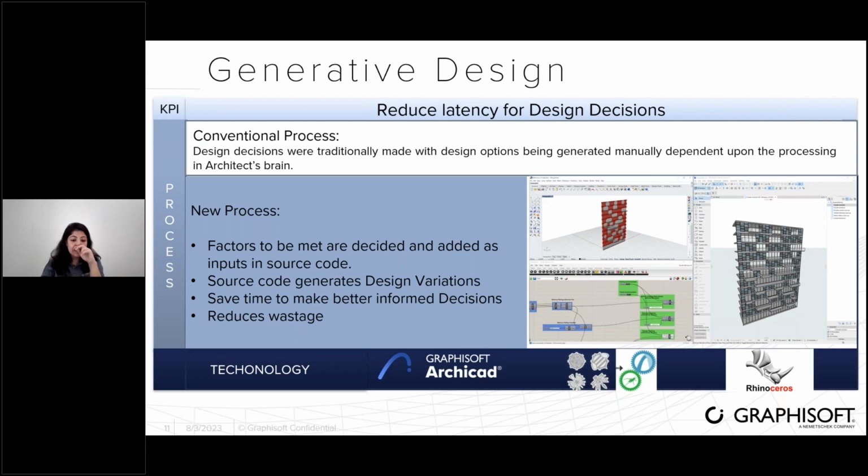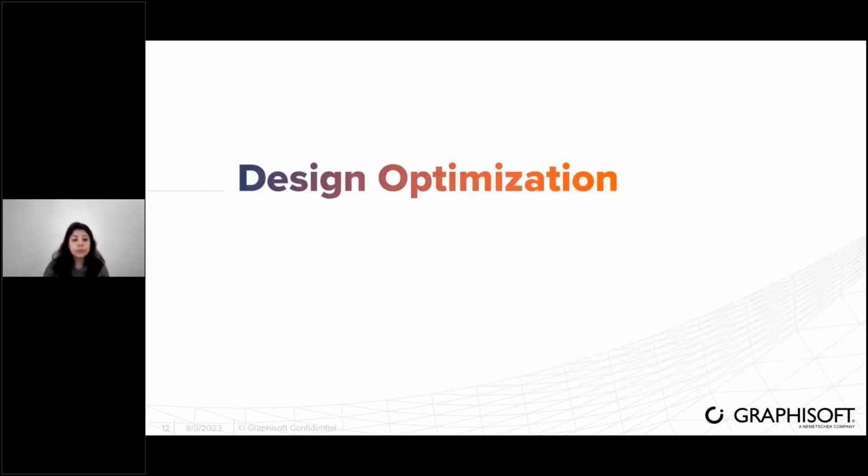For this purpose, in this video, we have used Archicad, along with Rhino and Grasshopper. All three tools are completely in sync with each other to generate the information that you see on screen because of the direct plugin connection.